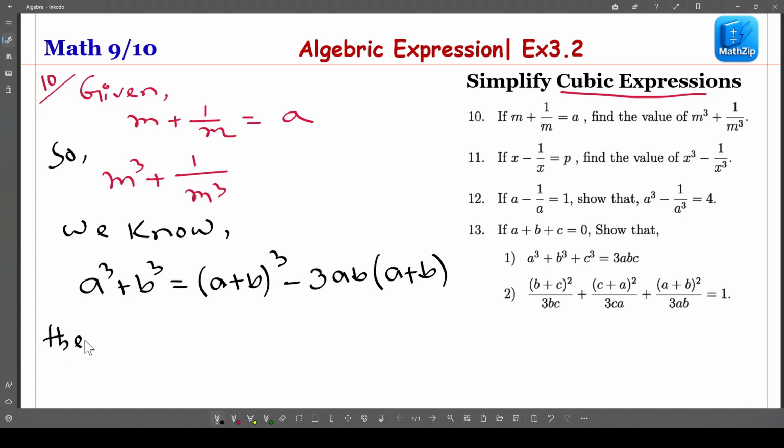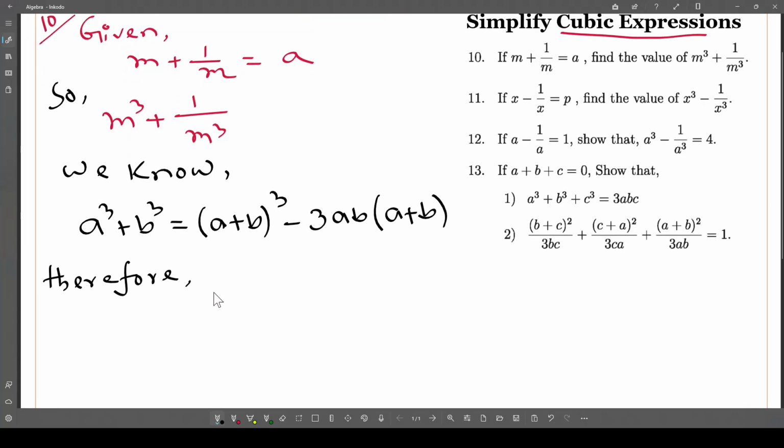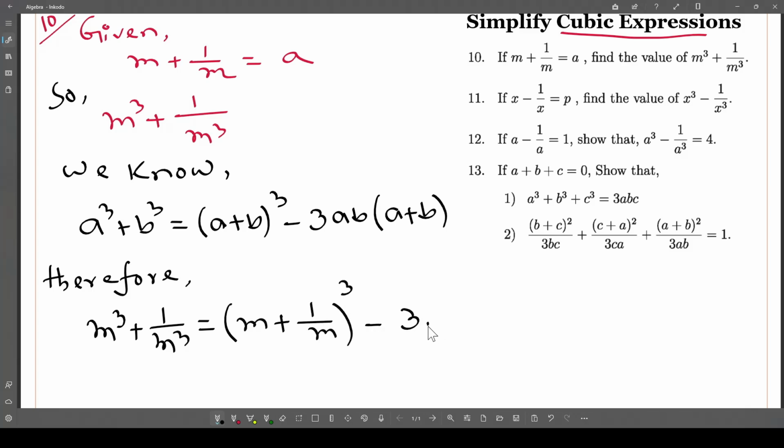Therefore, here m cube plus 1 by m cube equals m plus 1 by m whole cube minus 3 times m times 1 by m times m plus 1 by m.